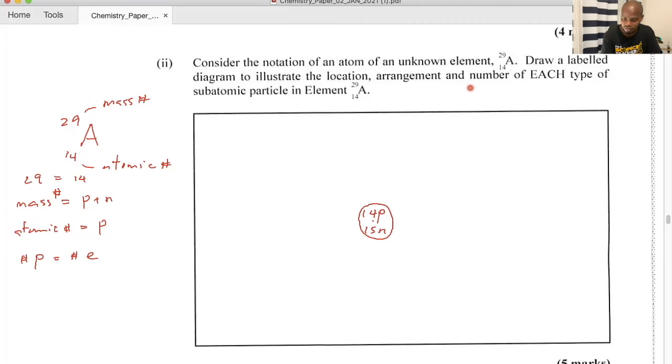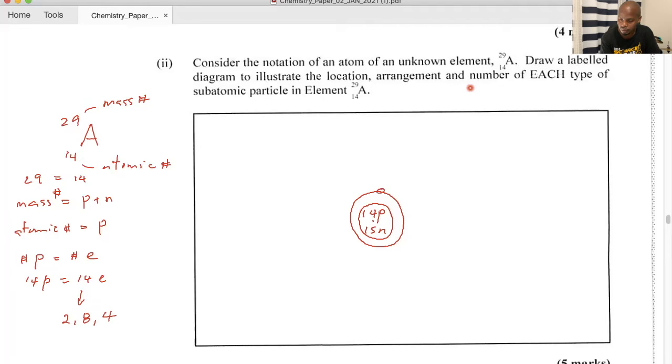Of course, if we have 14 protons, we also have 14 electrons. So we're just going to draw our shells, and we're going to fill in our electrons. If we have 14 electrons, we're going to assign them 2 to the first shell, 8 to the second shell, and 4 to the third shell.